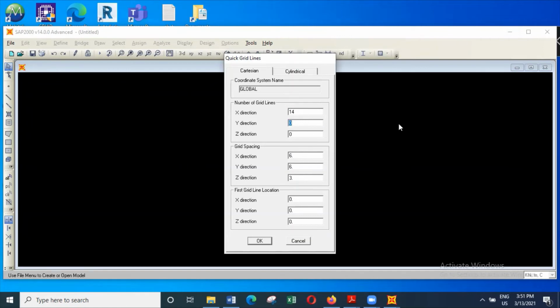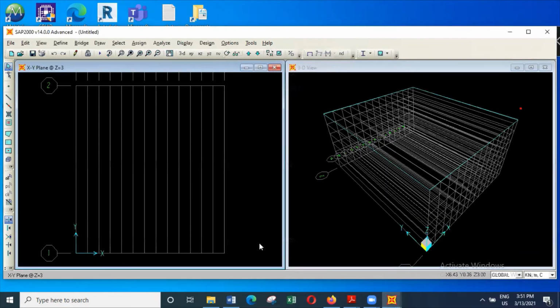Two grid lines. The height is 3 meters, so you need 7 grid lines. Grid spacing is 0.4 in the x direction, 0.5 in the y direction. And get this.